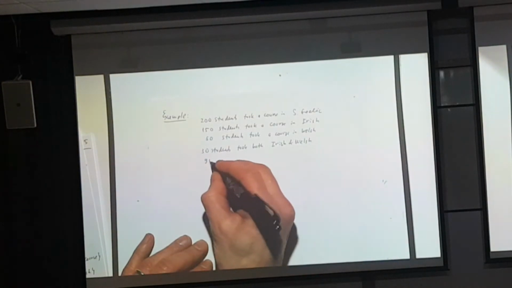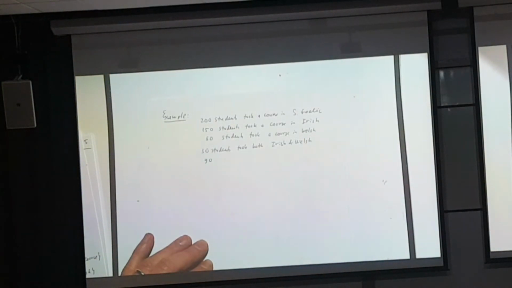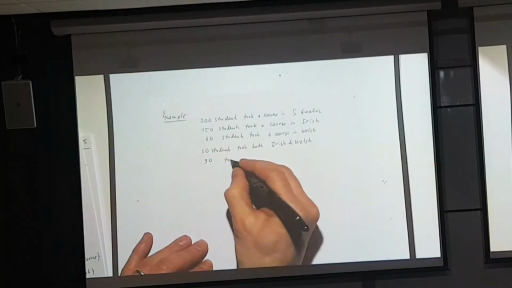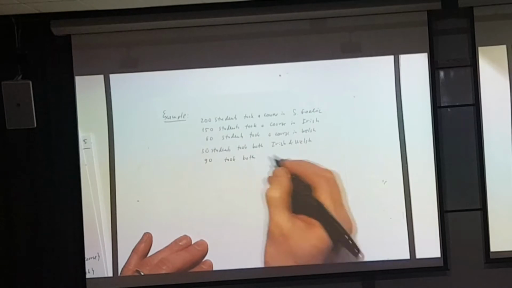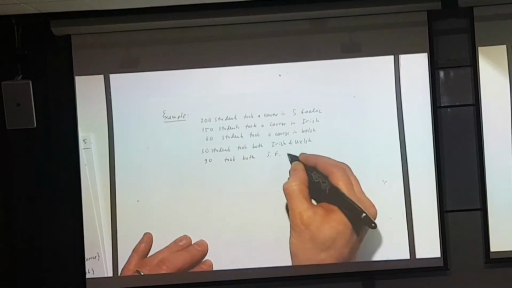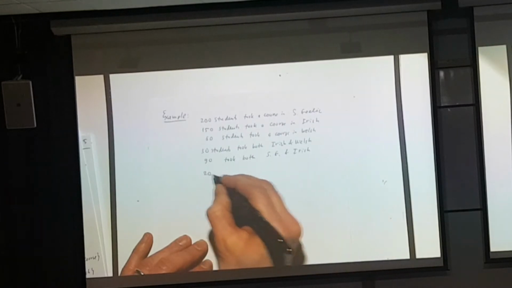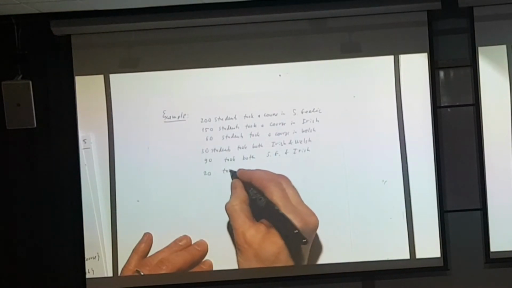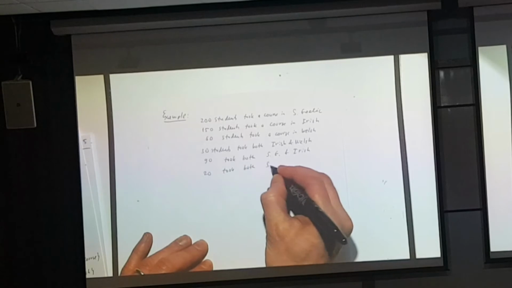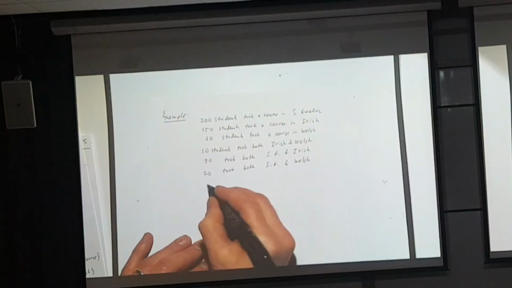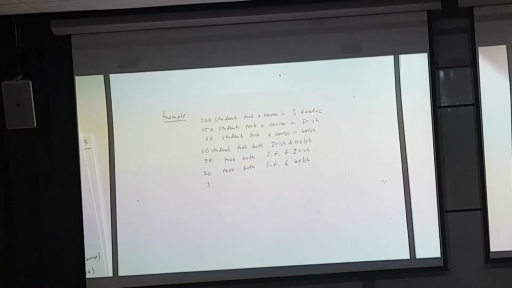And 90 took both Scottish Gaelic and Irish. And 20 took both Scottish Gaelic and Welsh. And 3 students took all 3 courses.